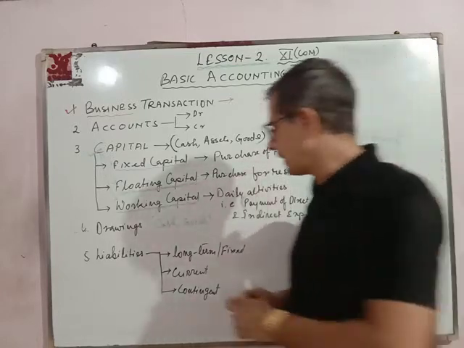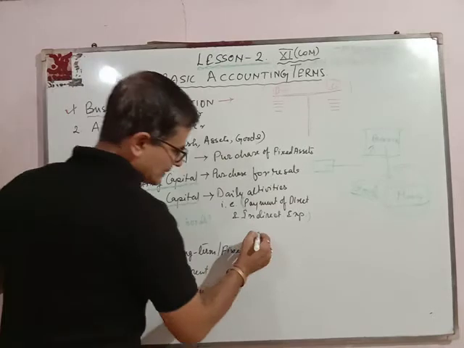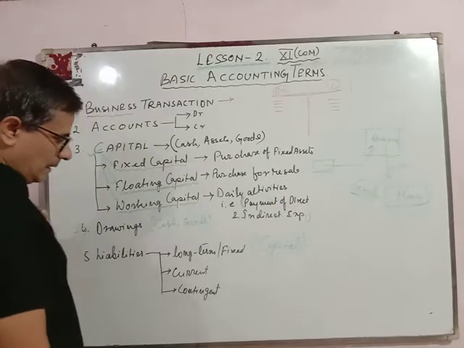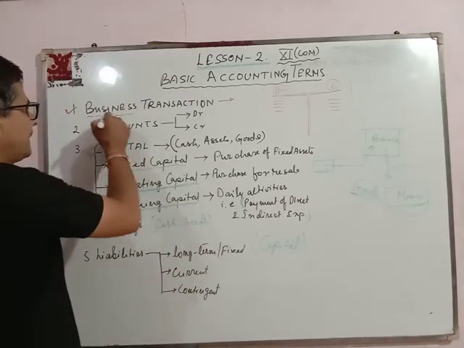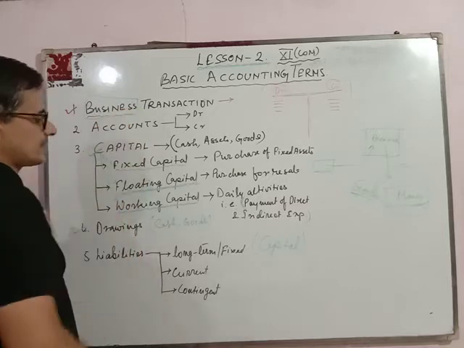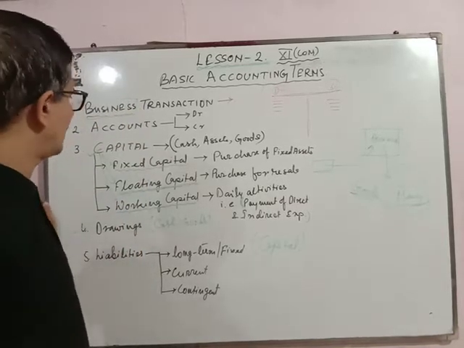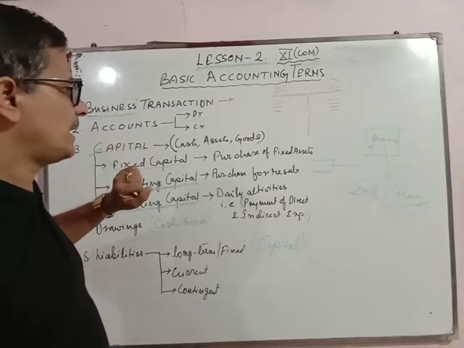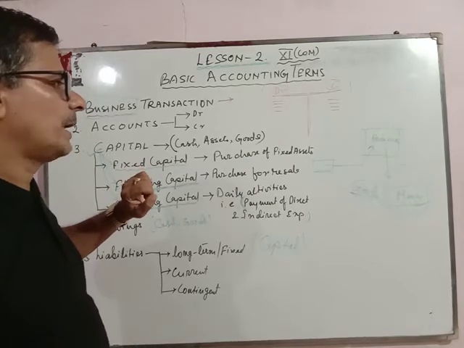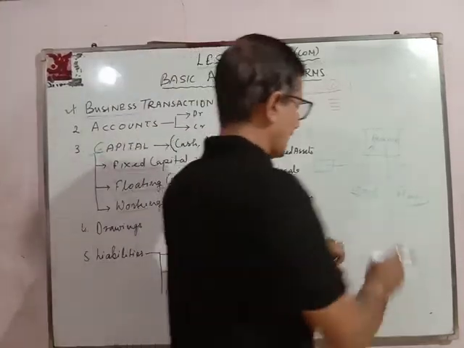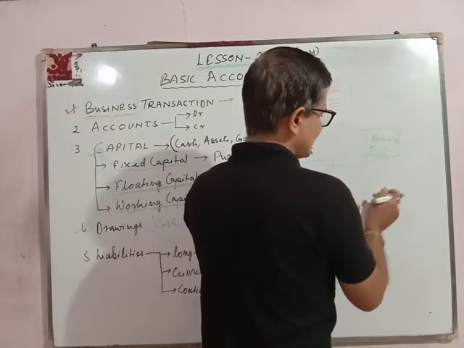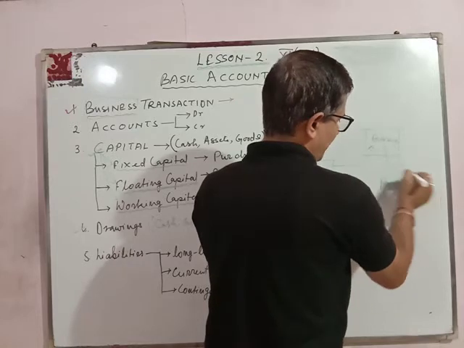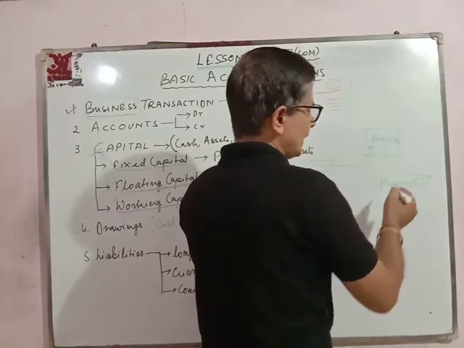The most long-term liability of the business is capital. Capital is the most long-term fixed liability of the business. Why is it called a fixed liability? Capital is called the liability of the business because, before that, I'll explain the principle of entity. What the principle of entity says is that the business and the proprietor are two different individuals.